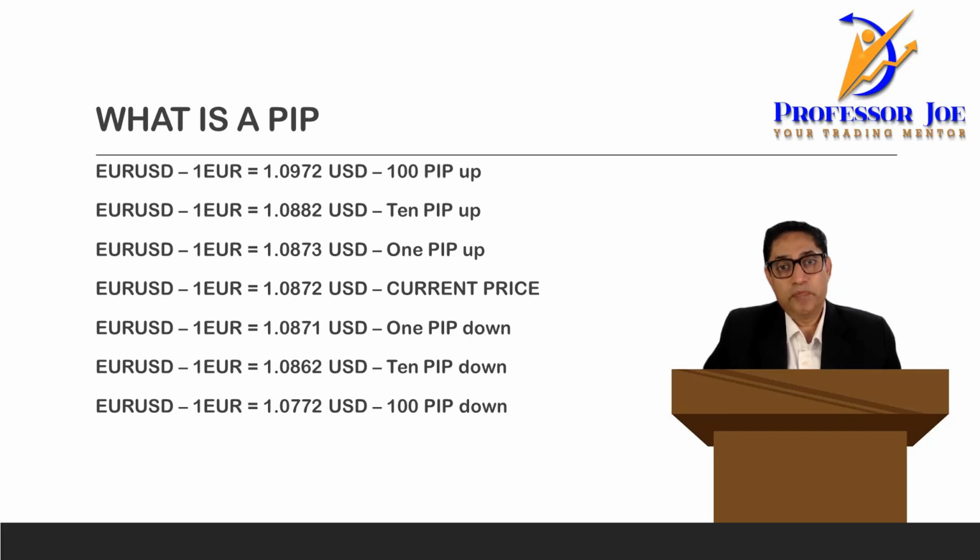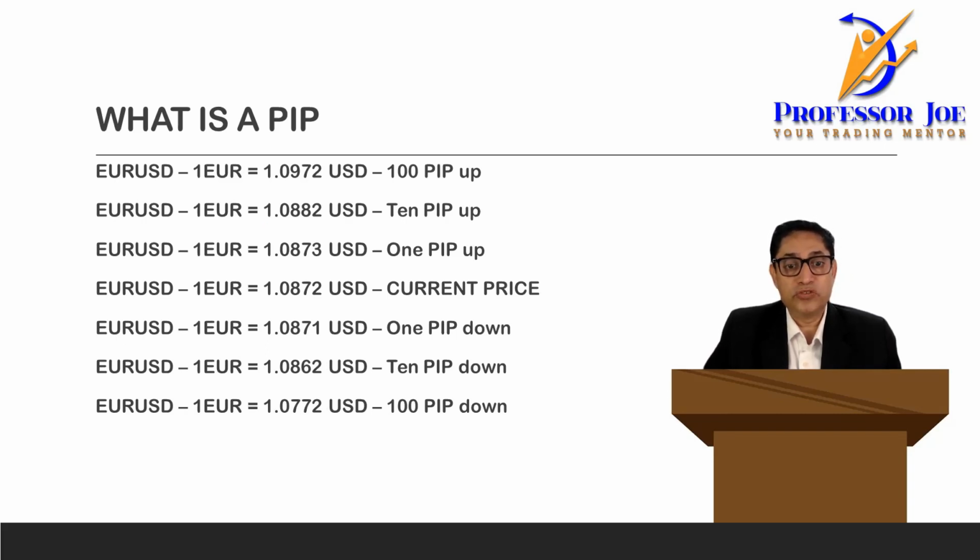Now, when we look at the pip movements, how do we understand that there is a price movement happening? With the same quote that we have taken, Euro USD, where 1 euro equals 1.0872, if the price moves from 1.0872 USD to 1.0873 USD, we say that the price has moved up by 1 pip.